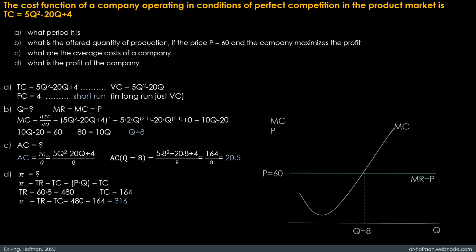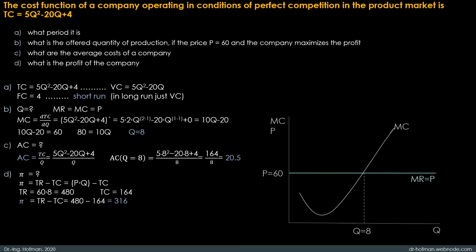We can call it fixed cost, and this appears only in the short run. In the long run there is just variable cost. So the answer for A is a short run, a short period of time.